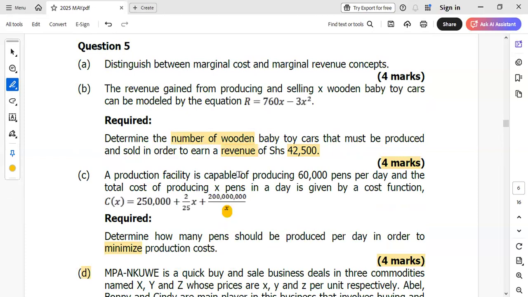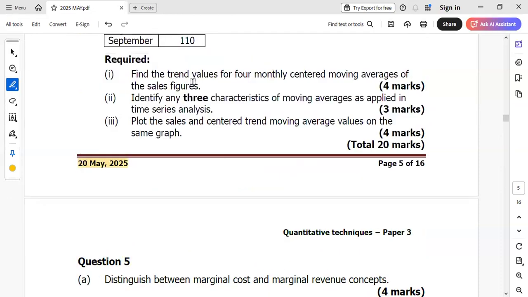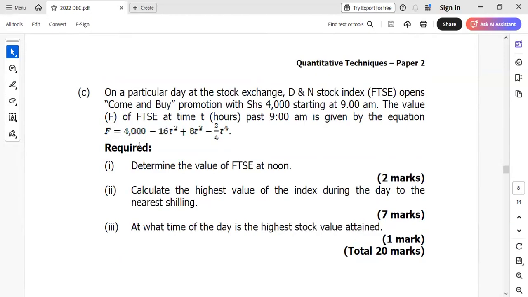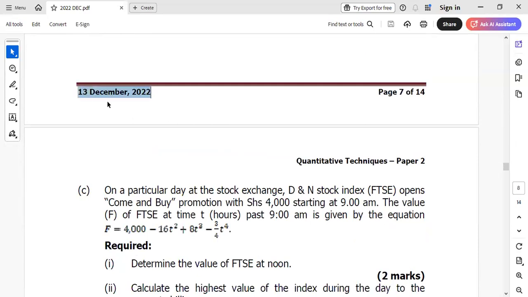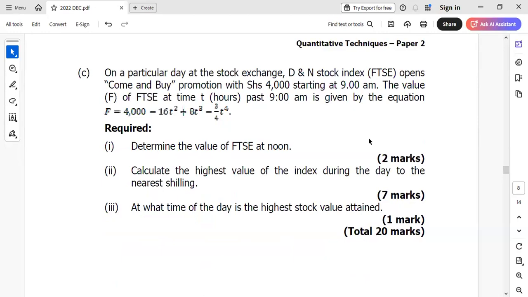Okay, so how many so far? Let's look at the next one. If you're not steady, you cannot know that it is calculus. December 2022, Question 6, part C. You have 9 plus 1, those are 10 marks.